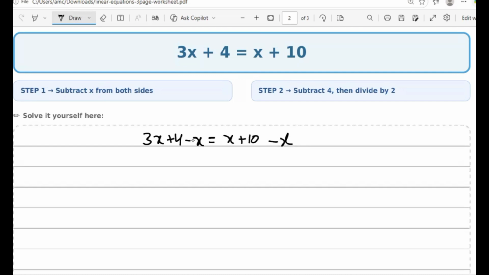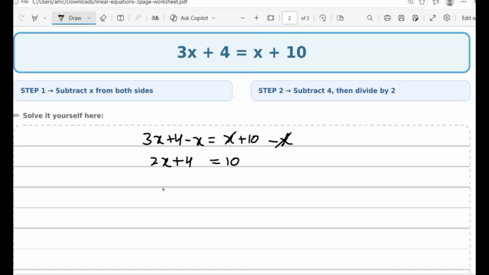So this positive x is cancelled out with the negative x, and here we have 3x minus this 1x, so we have 2x, plus 4 remains the same. On this side we have 10. Now we want to remove this 4.